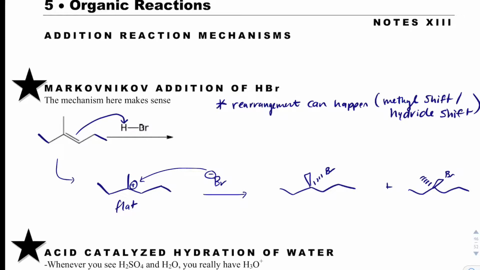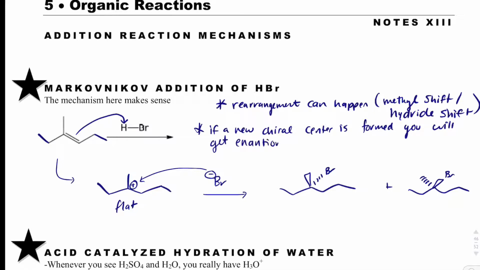And if a new chiral center is formed, you will get enantiomers or diastereomers, and we'll talk about when you get one over the other. It just depends on if there's stereochemistry.